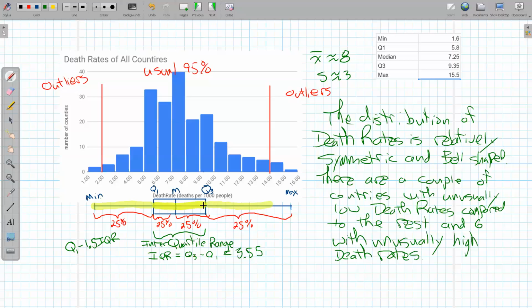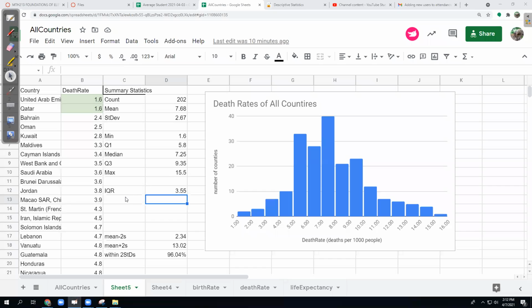And on the right, we're extending from Q3, so the new boundary is Q3 plus 1.5 times the IQR. This is going to give us another measure to look for outliers, in addition to that 95% rule. So let's go over to the spreadsheet to do that.